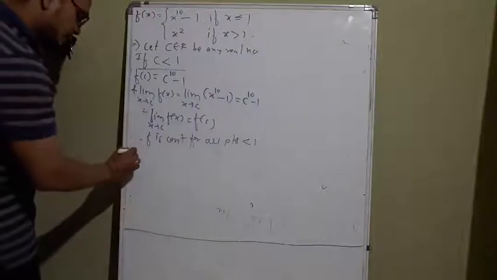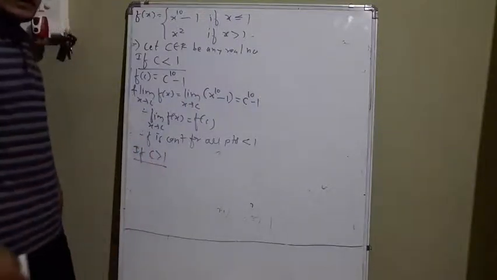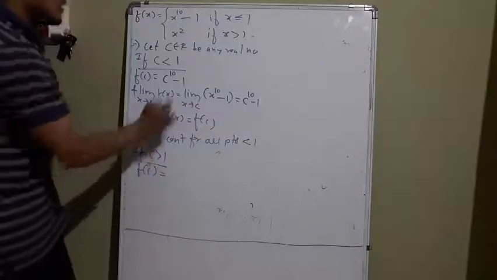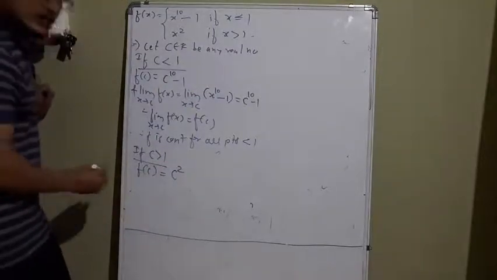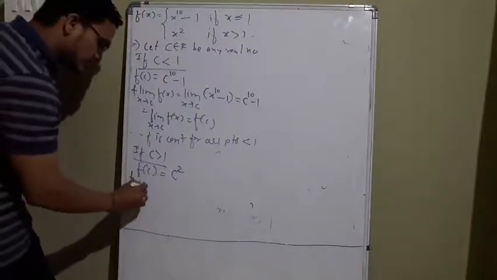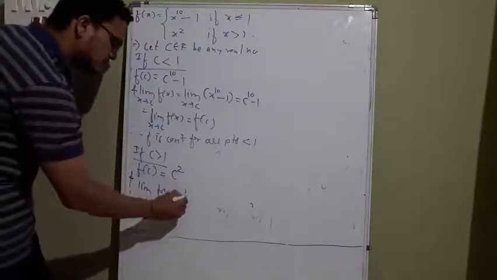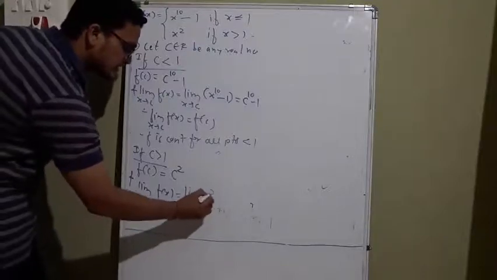Okay, second condition, if c is greater than 1. Again for that you have to check f of c, which is equal to, for greater than 1 the function is x square, so it becomes c square. And limit x tends to c, f of x is x square.